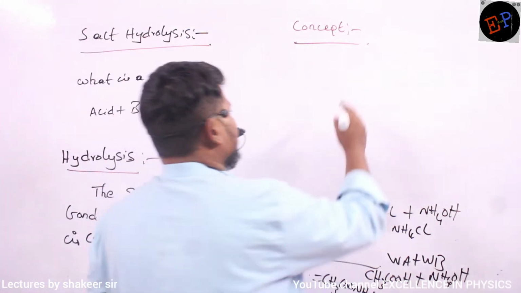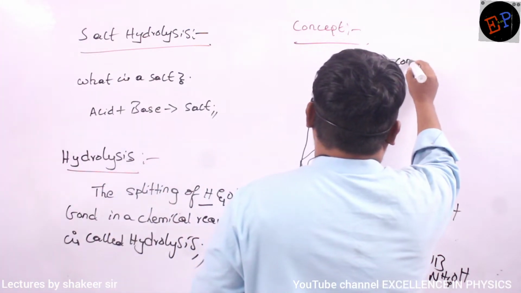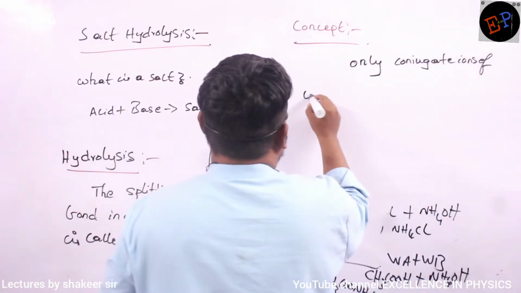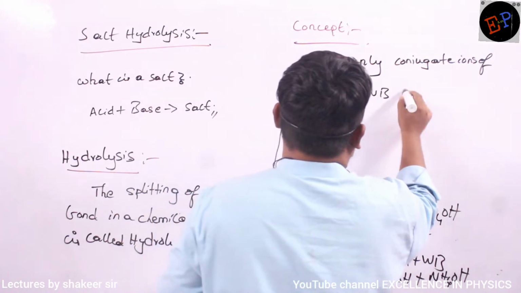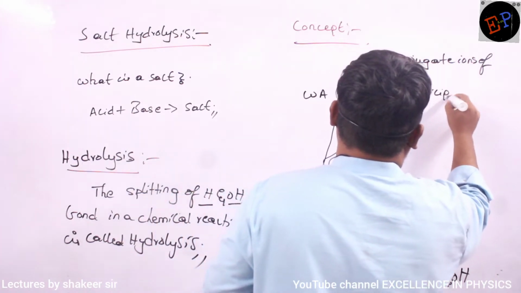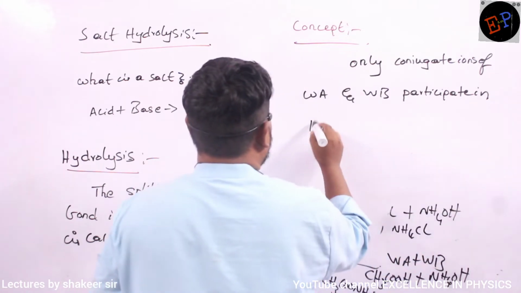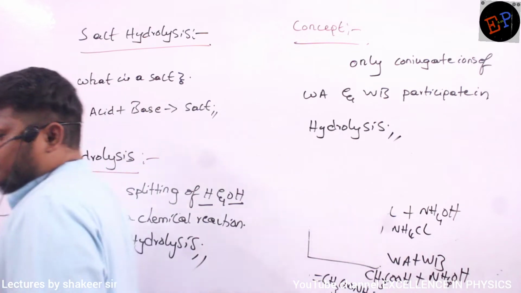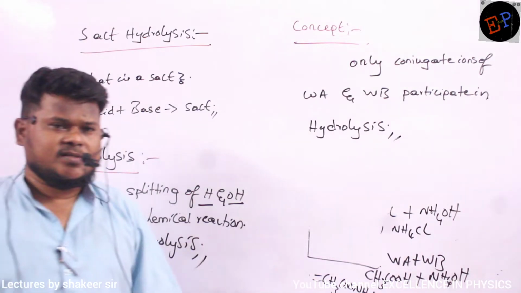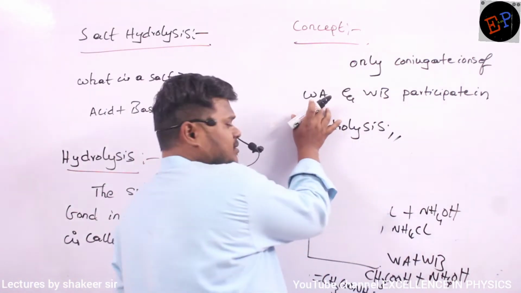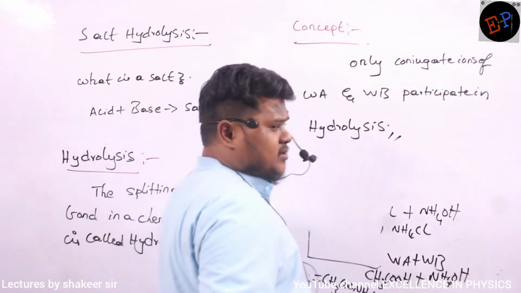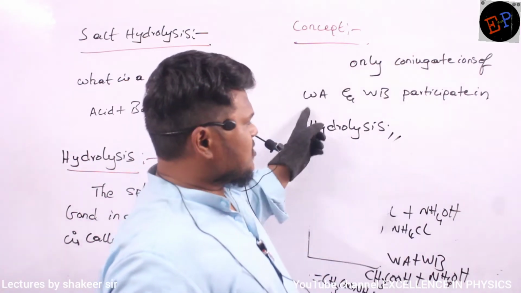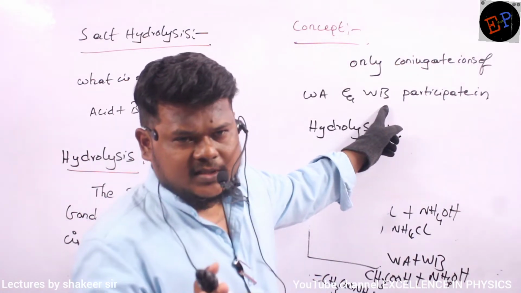The concept is that only conjugate ions of a weak acid and a weak base participate in hydrolysis. Are you able to understand? Only these conjugate ions participate in hydrolysis. It means that the conjugate ions of a strong acid and strong base do not take part in hydrolysis.